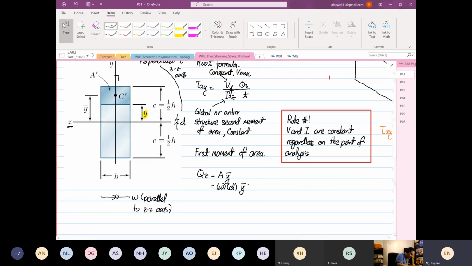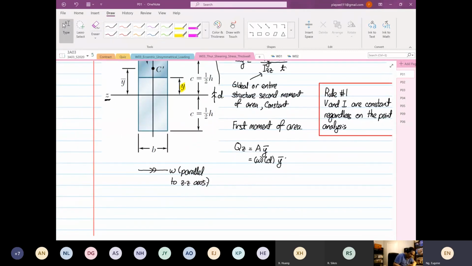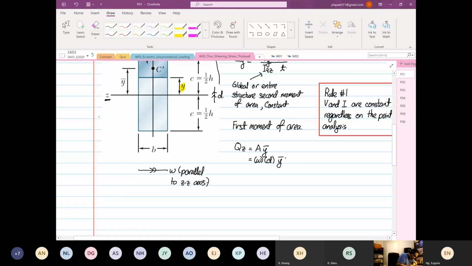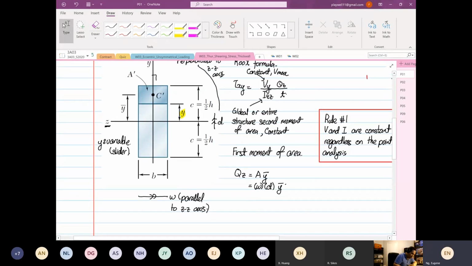Y down here is your variable, or our slider. So you can move from 0. You can move from the centroid and go outwards.